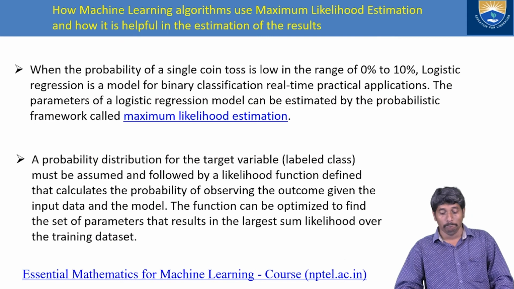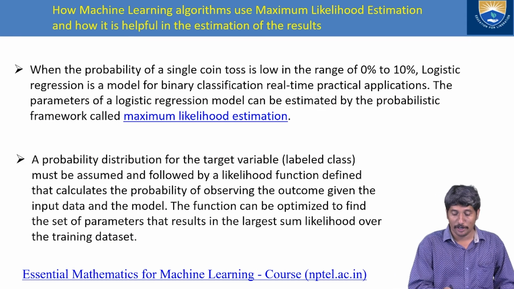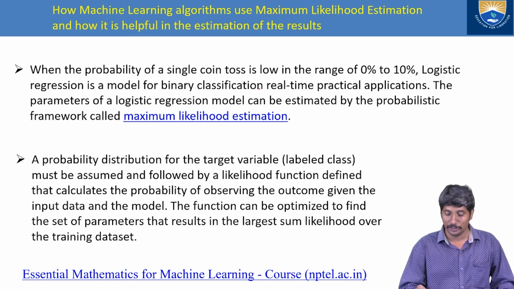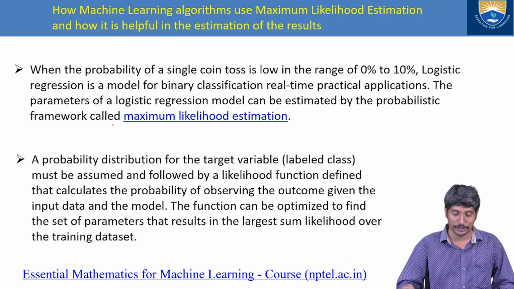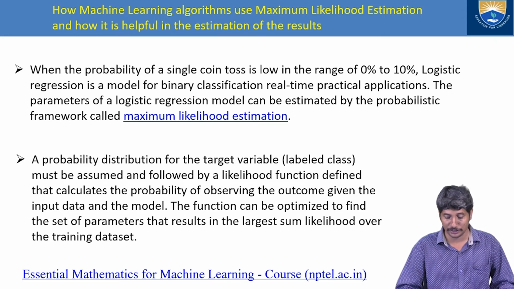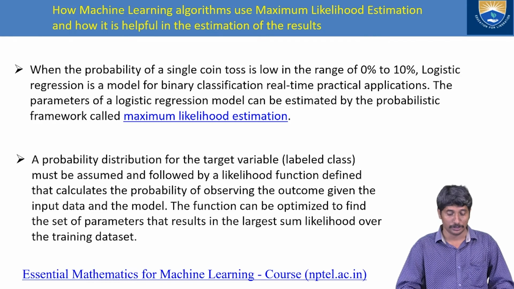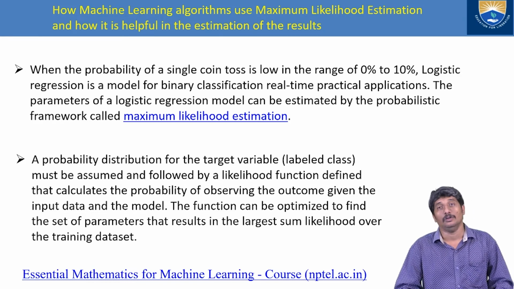When the probability of a single coin toss is low, in the range of 0% to 10%, logistic regression is a model for binary classification in practical application. Here he is listing one practical model and which distribution is suitable.